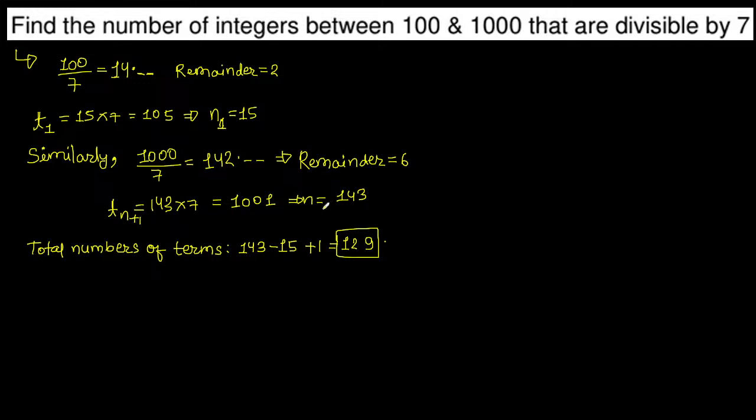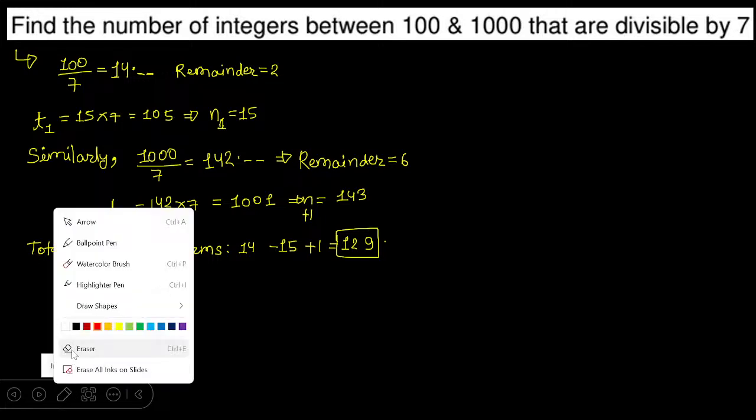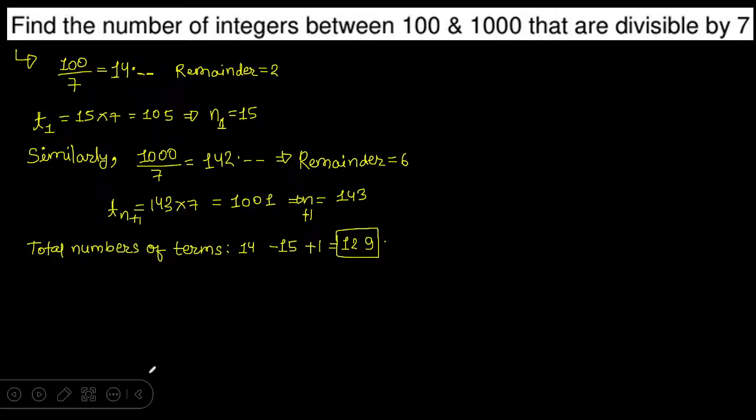Tn plus 1 term is 143. Okay, इसलिए 142, this is 128. Okay, moving to next question.